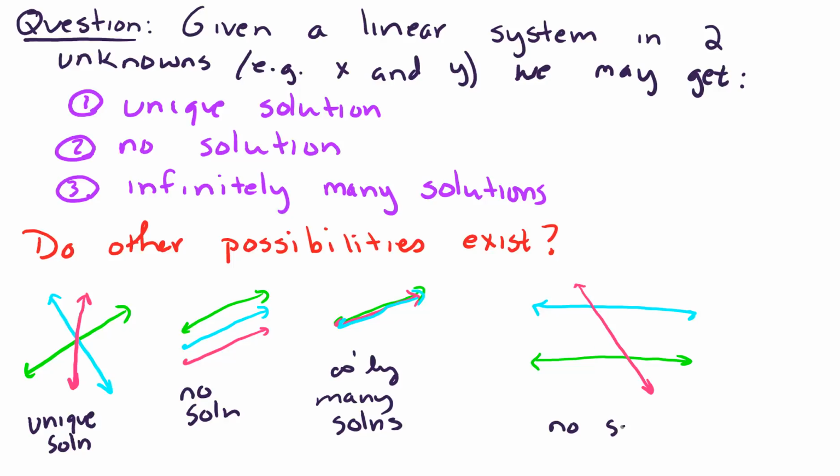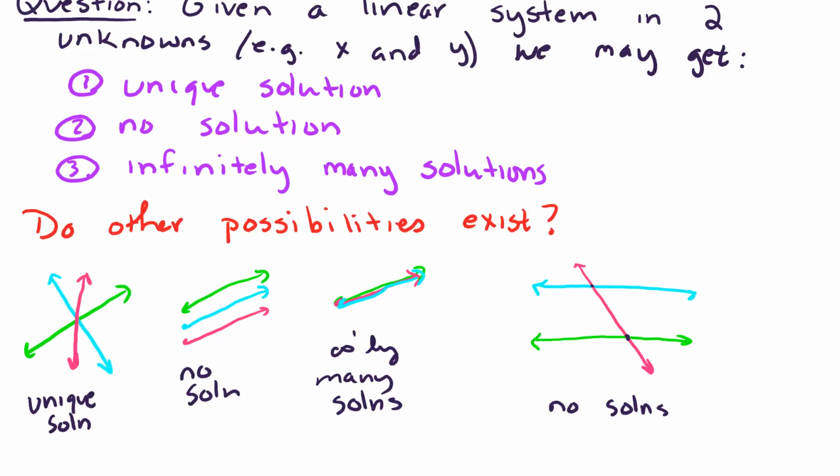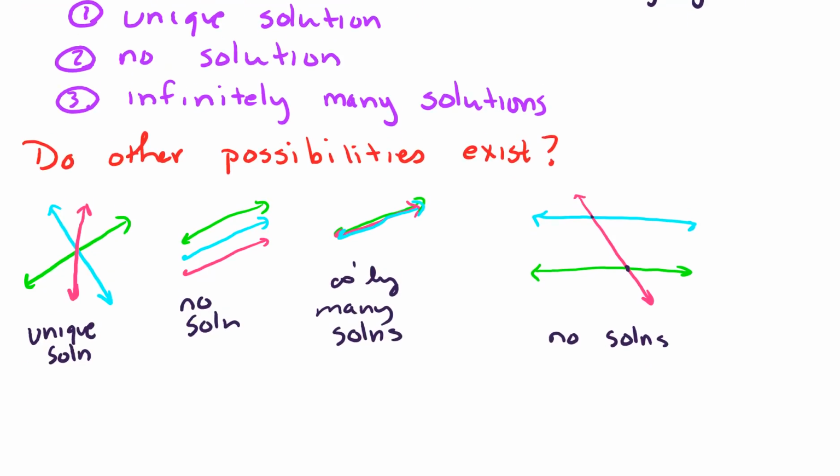And the reason that there are no solutions here is that a solution to a system has to satisfy all equations. And this point up here only satisfies two equations, and similarly this intersection at the bottom, that only satisfies two. We don't have any points that satisfy all three. So that's no solution.